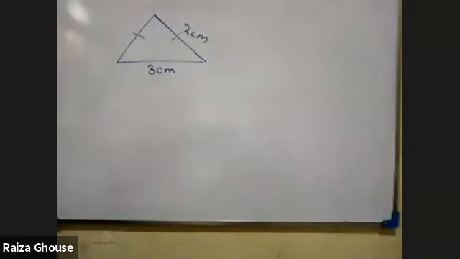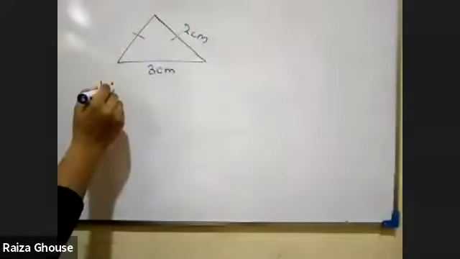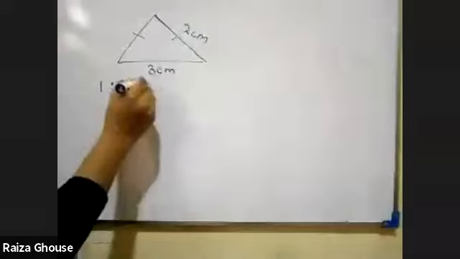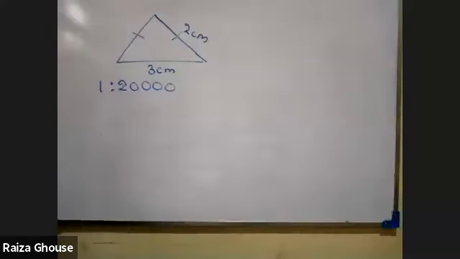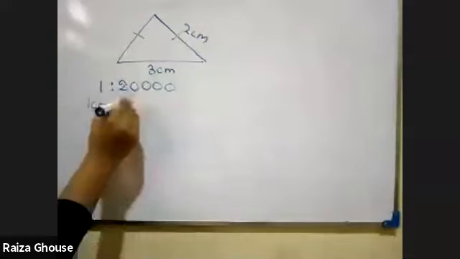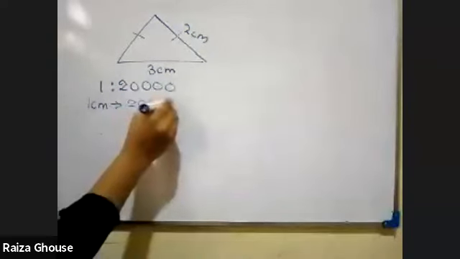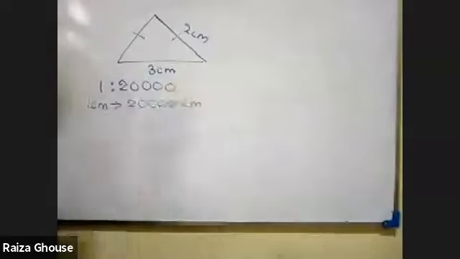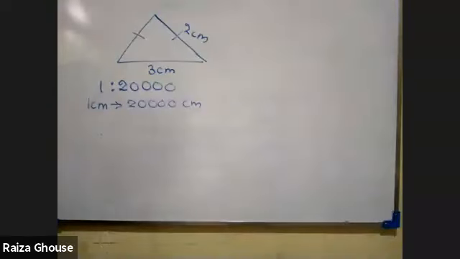My topic is determining the actual length when a scale diagram is given. So I'm going to give you the scale also. Let me give you 1:20,000. What does it mean? 1 centimeter is showing 20,000 centimeter of actual length. What is 20,000 centimeter in meters?